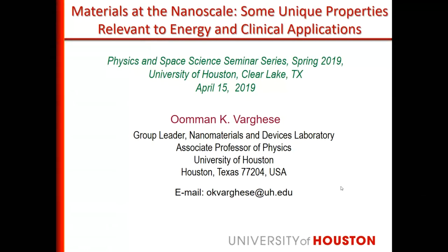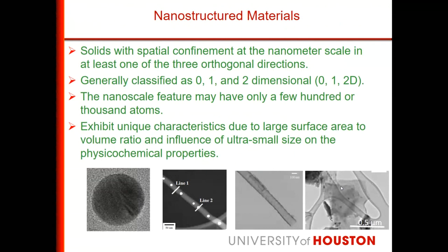So my lab is the Nanomaterials and Devices Laboratory. There we develop the nanomaterials and develop the devices and the processes based on these nanomaterials. So let me start with what is a nanostructured material. I know most of you are familiar with the term nano.